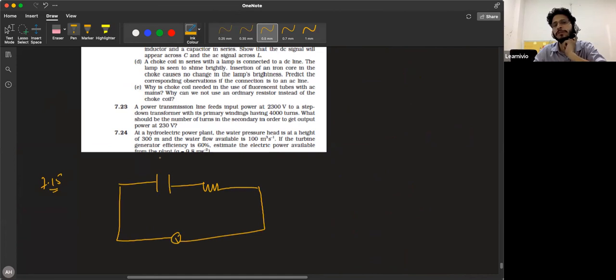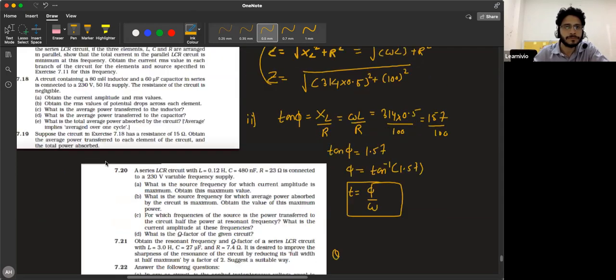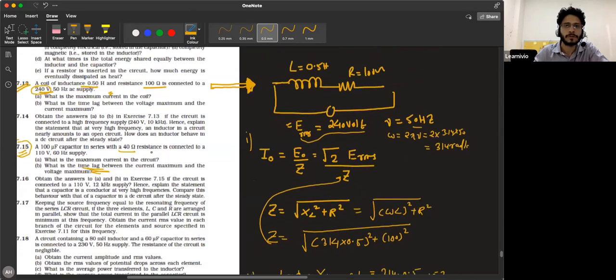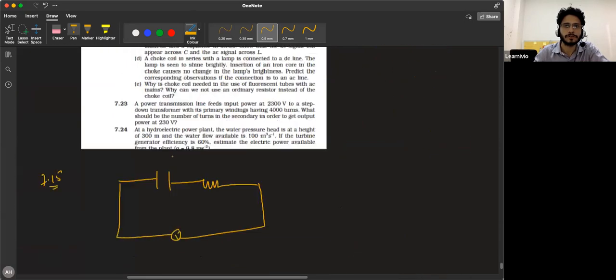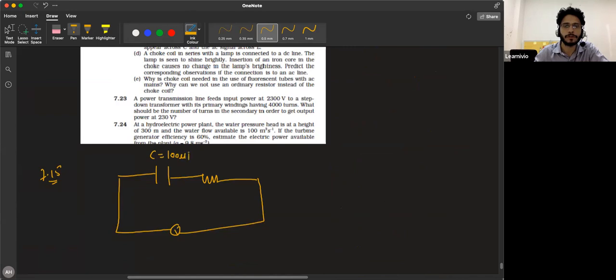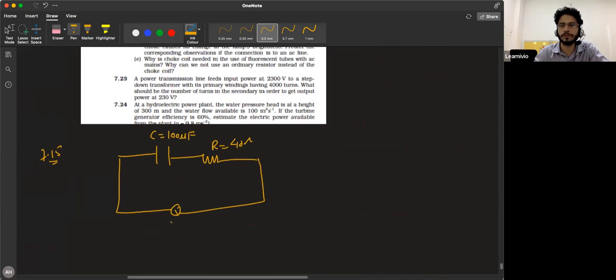C is 100 into 10 raised to power minus 6, 100 microfarad. And how much is the resistance? 40 ohm. What is the source voltage? 110 volts. And frequency? 60 hertz.